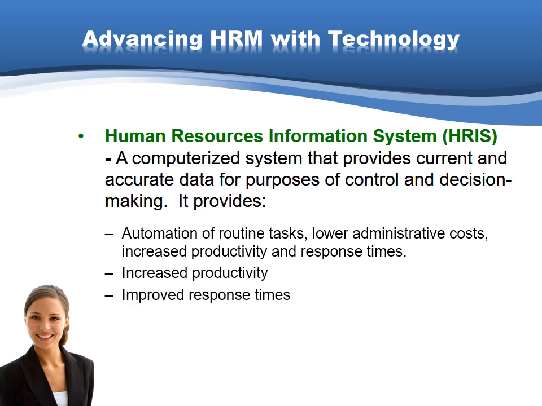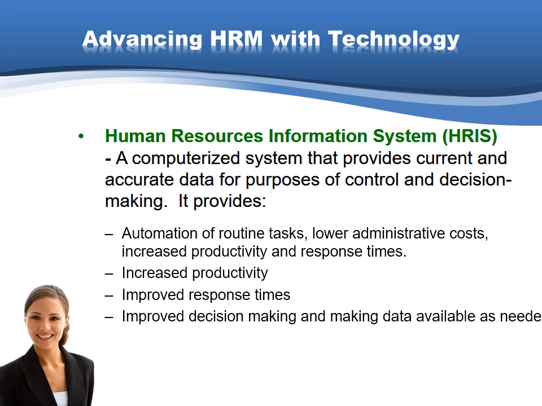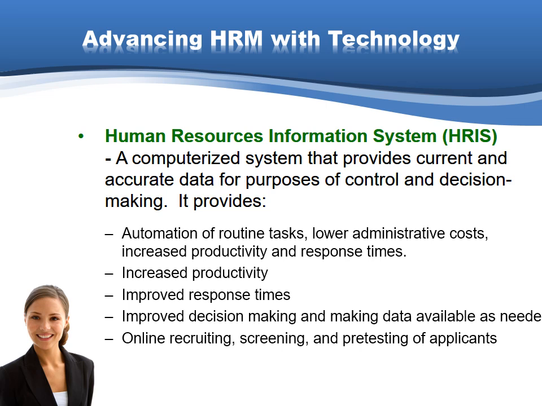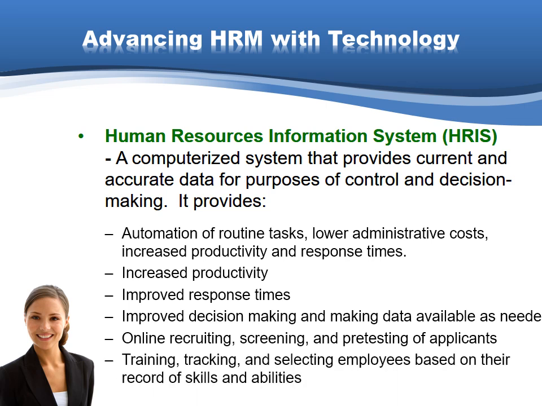Improve response times. Improve decision making and making data more available as needed. And it helps with online recruiting, screening, and possibly even pre-testing of applicants. And then the system also helps train, track, and select employees based on their record of skills and abilities for future promotions or upgrades.